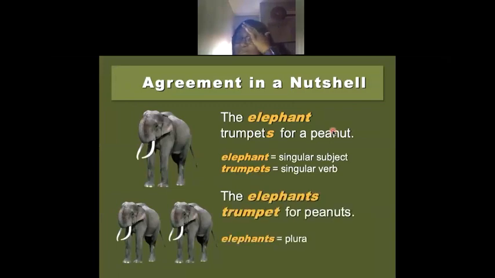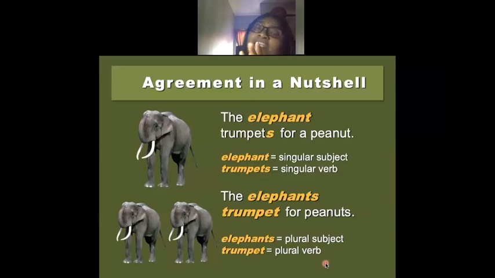So if you're sleeping, you should be up by now. All right. The elephant trumpets for a peanut. So elephant is a singular subject, and the verb trumpets is a singular verb. Remember, the verb follows the opposite rule of a noun.